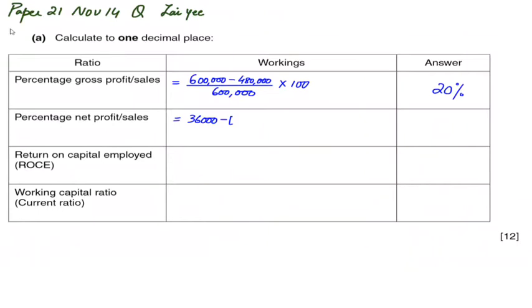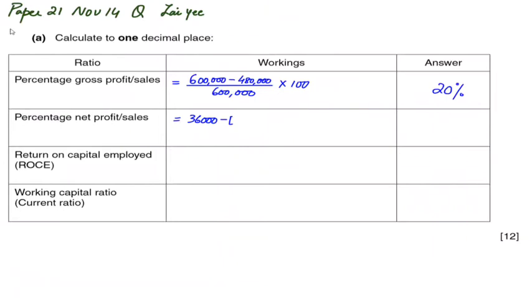But as you can see in this question, expenses are not there. So I will be using another formula, and that is, I have been already given profit before interest, that is operating profit. If I already have profit before interest, what I need to do is deduct interest from this figure. So how can we calculate interest? Interest can be calculated on the loan.